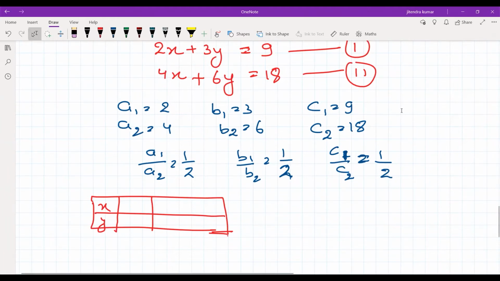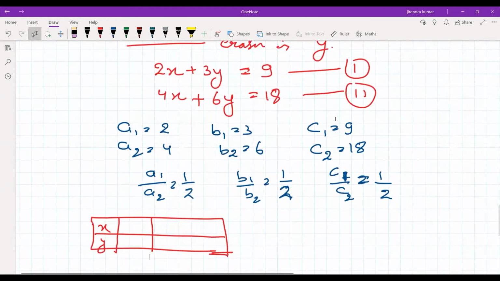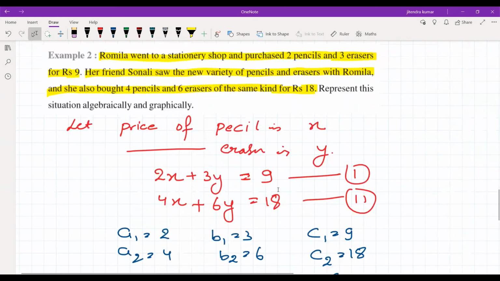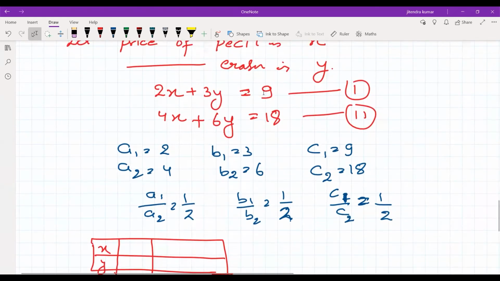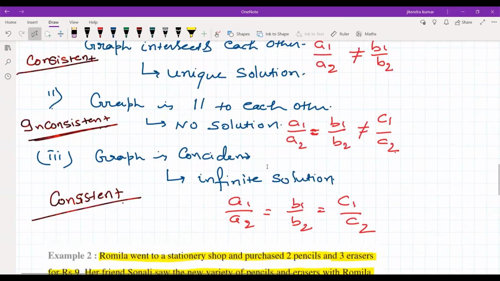Yeah, Bhavika? Sir, since we have studied the standard form ax plus by plus c, if we take the c on the left hand side, it would be minus. So we will take minus. Yes, that will be -9, and it will also be -18.